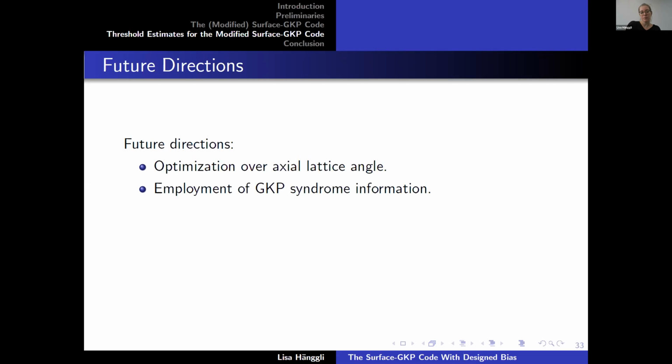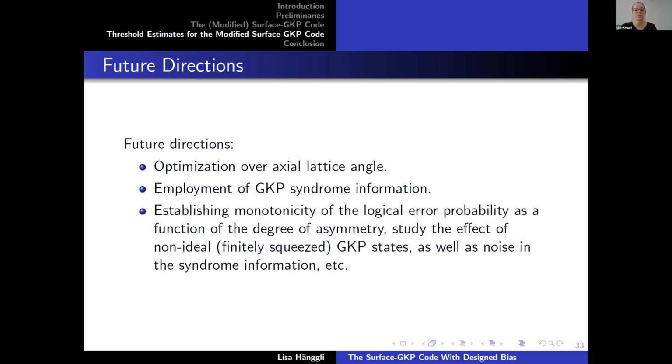So other possibilities would be, for example, to establish the monotonicity of the logical error probability as a function of the degree of asymmetry, then studying the effect of non-ideal or finite discrete GKP states, as well as noise in the syndrome information and so on. So for the first 2 points, we actually did some numerical tests, which indicate that these additional optimizations do not negatively interfere with the use of asymmetry.